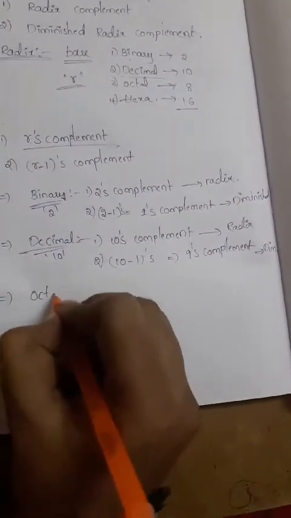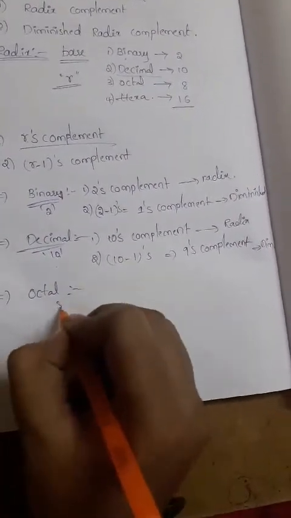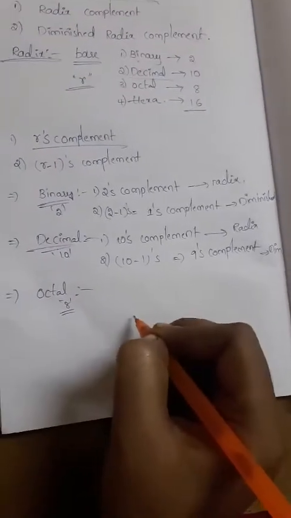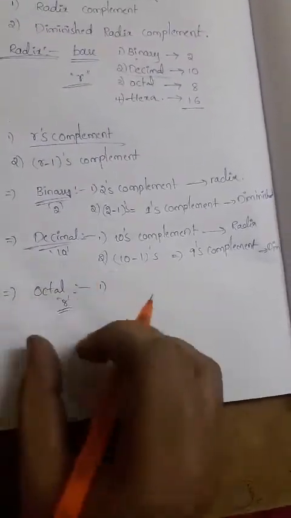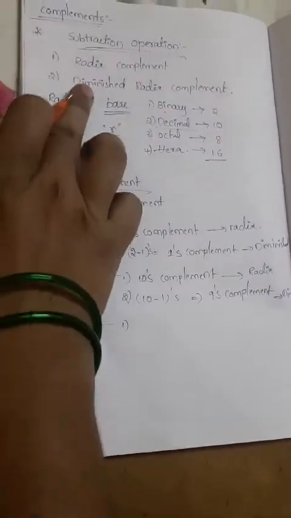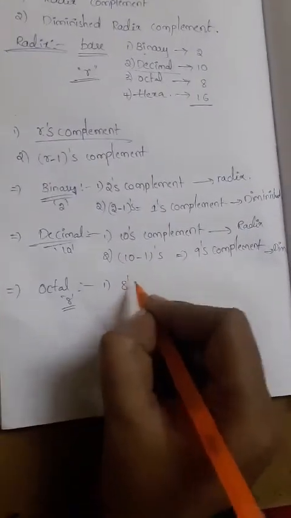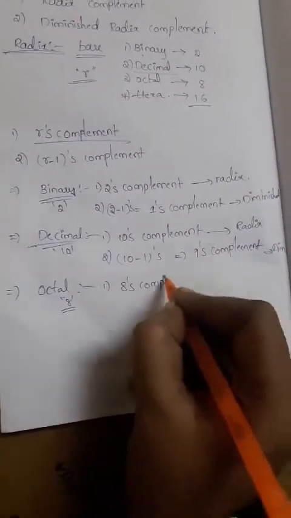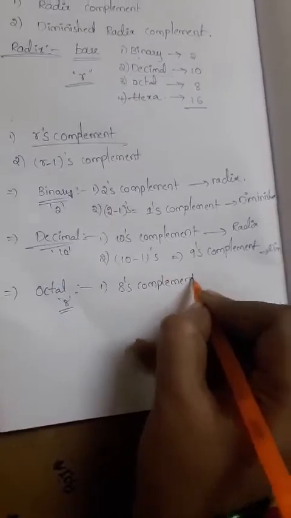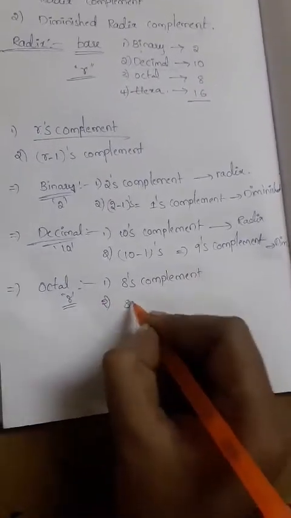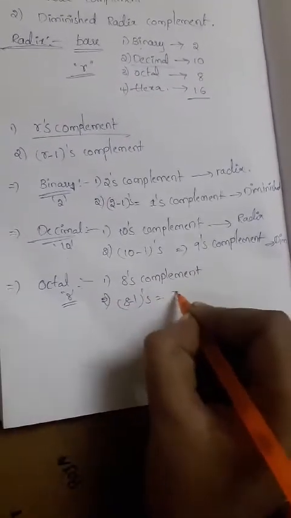Like that, the third number system is octal. What is the base of octal? That is 8. So for octal, radix and diminished radix, we get the 8's complement, in the place of r you place 8. The second one, 8 minus 1, gives the 7's complement.